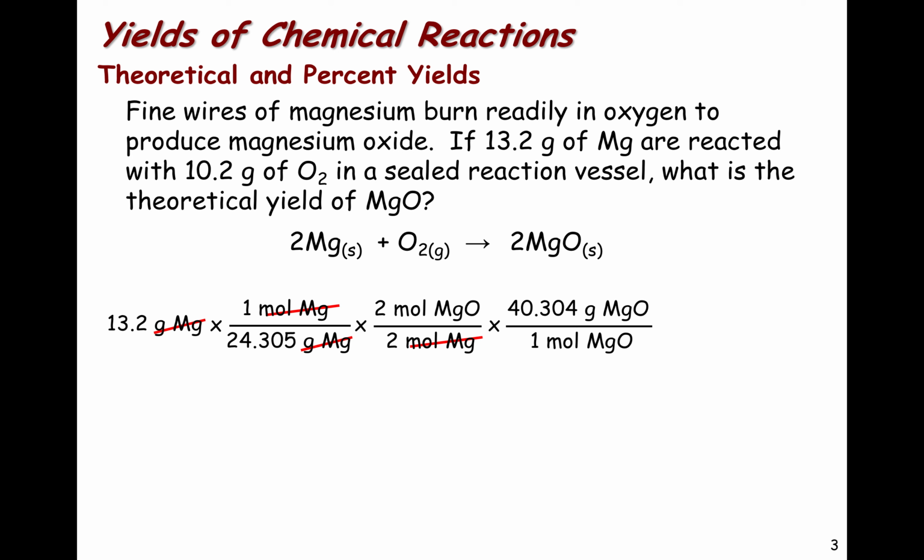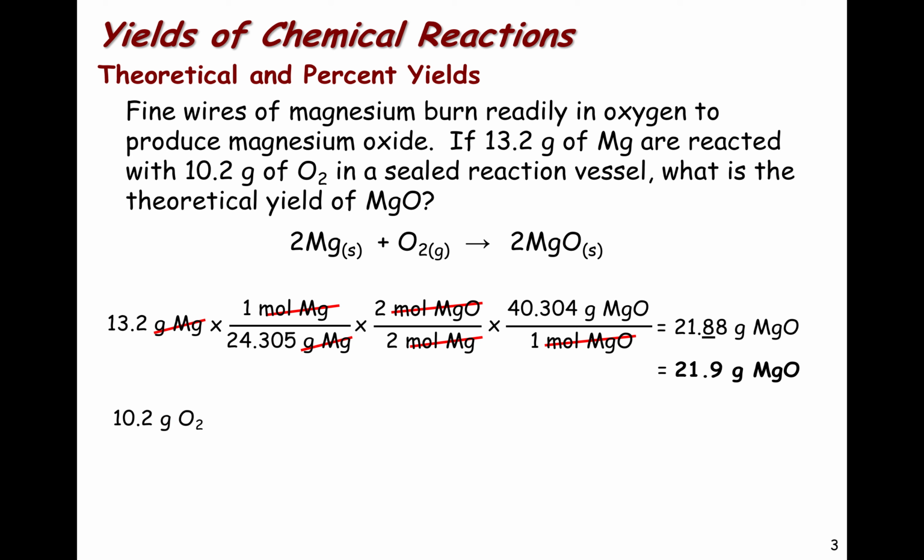And you'll see that at this stage, the moles of magnesium oxide would cancel. And we can then do our math and come up with a value of 21.88, noticing that there should be 3 significant figures, and so rounding to 21.9 grams of MgO.